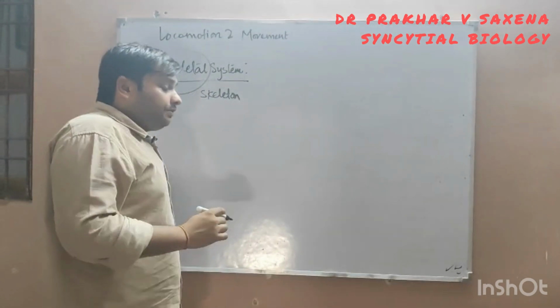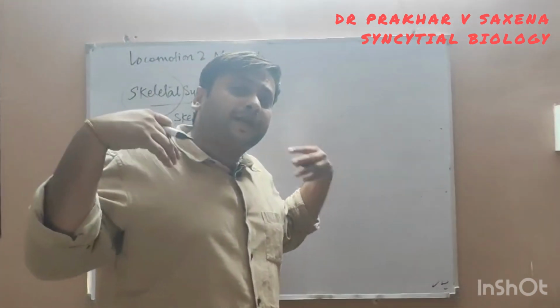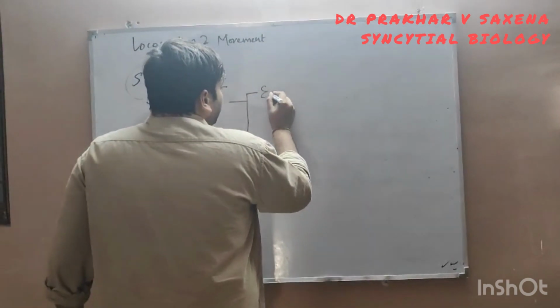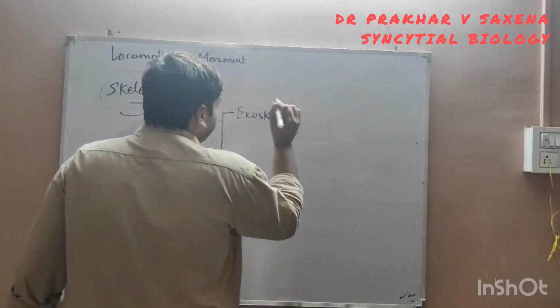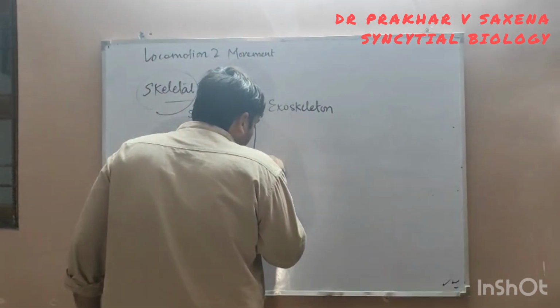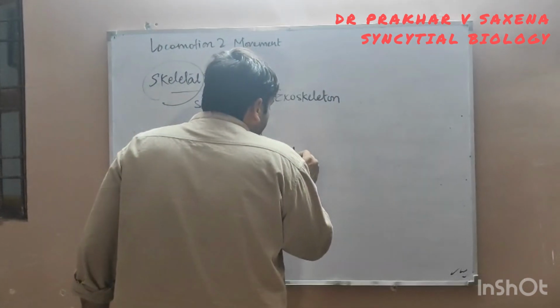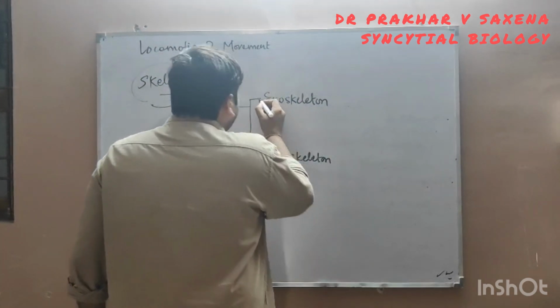If the skeleton or skeletal system is situated outside the body of an organism, that is known as exoskeleton. Whereas the skeletal system which is situated inside the body of an organism is known as endoskeleton.